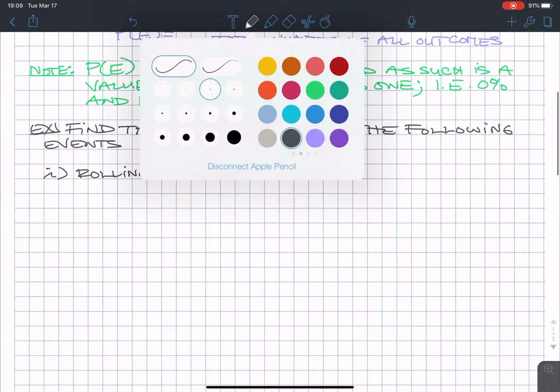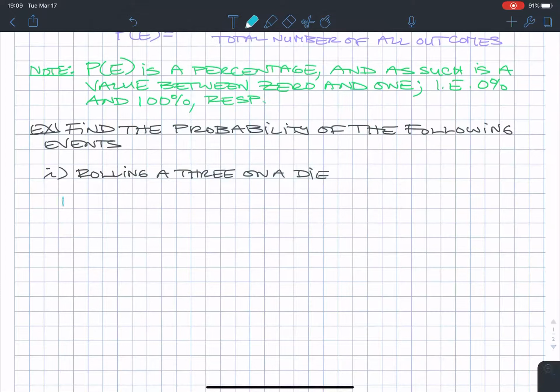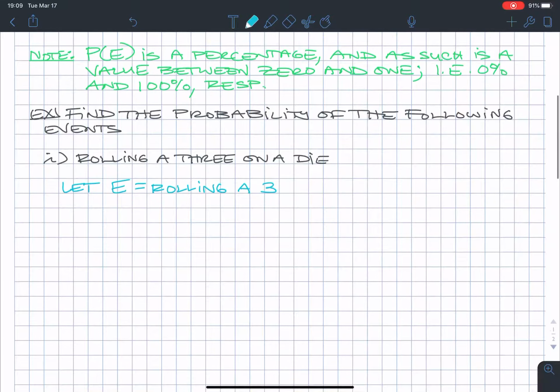Okay, so what we're going to do is we're going to let capital E be equal to rolling a 3. So E, of course, is my event, and the event is rolling a 3. So the probability of rolling a 3 on a single die, well, remember, each die has 6 sides.